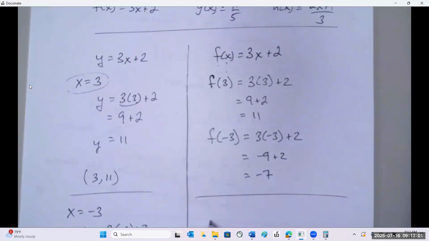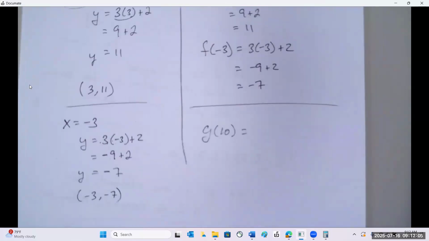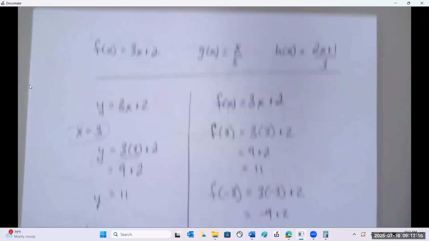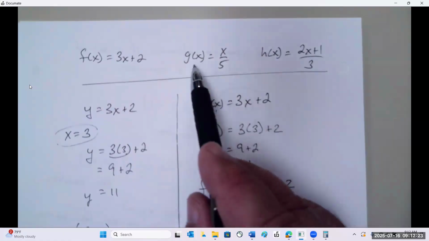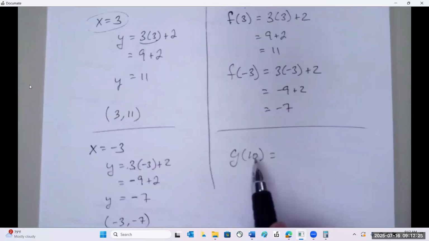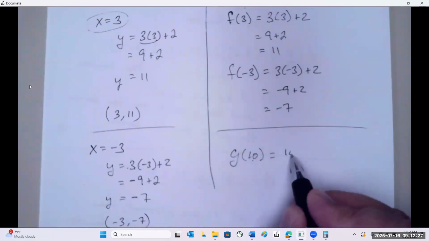What if I give you this? Have we defined g? At the top of the page. Once you define it, it's defined until it's done. So what is g? X over 5. What is x? 10.